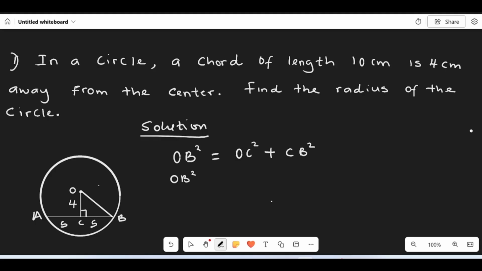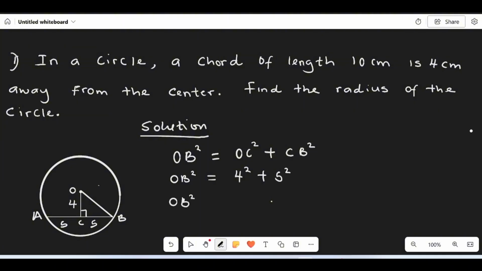OB square equals our OC is 4 centimeters, 4 square, plus our CB 5 centimeters, 5 square.